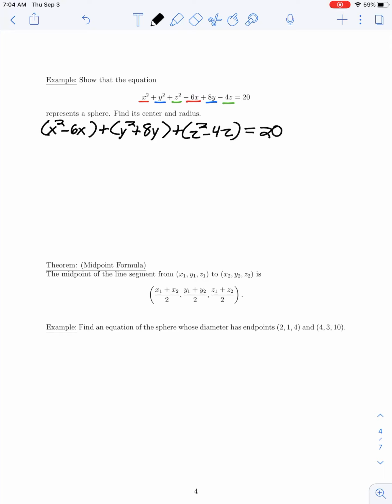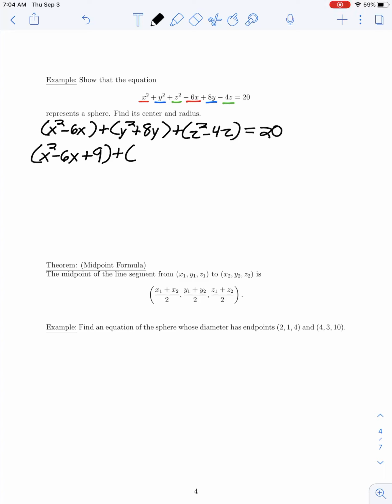So now let's complete the square in each of these quadratics with respect to x, y, and z. So for the x quadratic, we have x squared minus 6x. And to complete the square, the constant I need to add is half of the b coefficient for this x quadratic, which would be -3 squared, which would give me a positive 9.